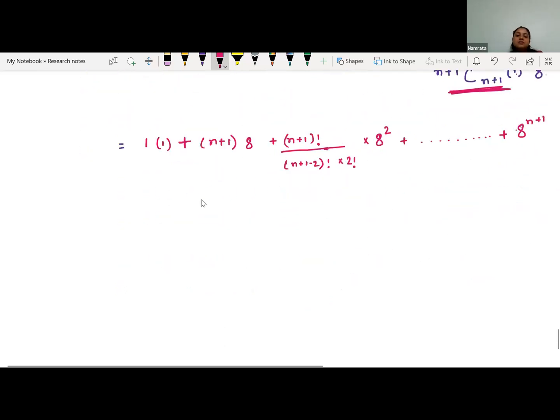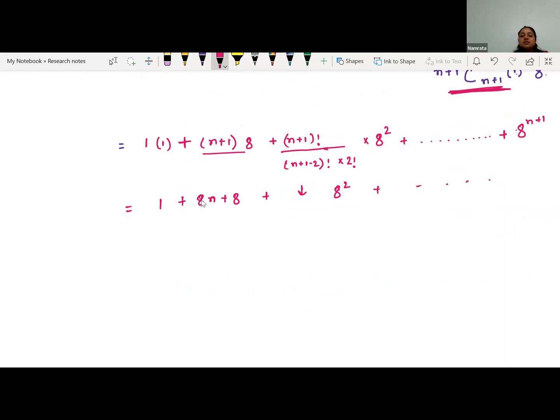Got it so far? Yes, ma'am. So we will be having 1 here. We will be having here 8n plus 8 if we expand this. And here we will be having whatever is there, let's write it as it is, and then 8 square is there.